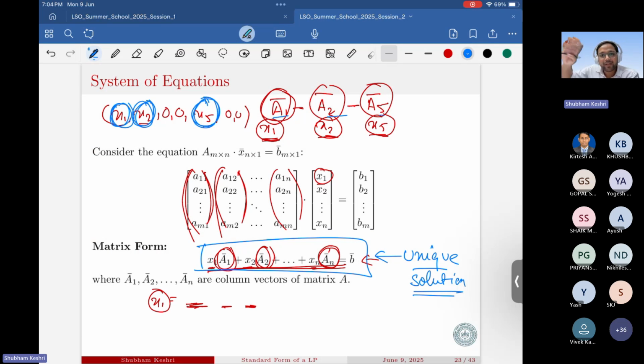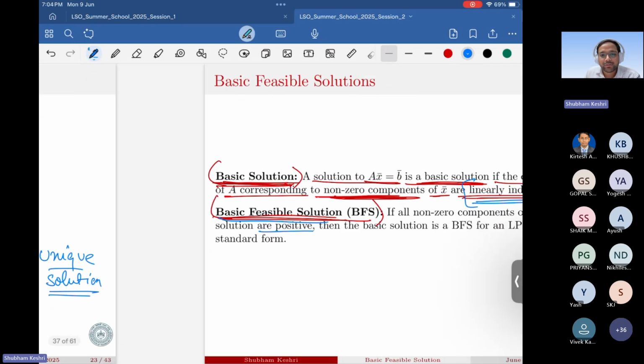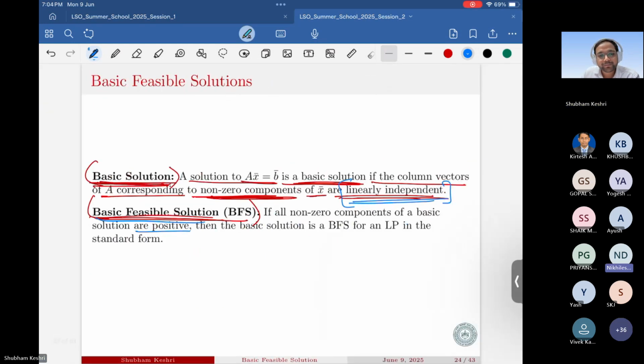I know there are a lot of theories, but this is how you will know that these columns are linearly independent: by solving this equation, if you get a unique solution, no multiple solutions, no trivial solution, then it is linearly independent. Okay, thank you.